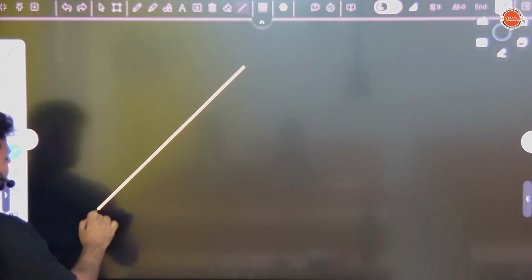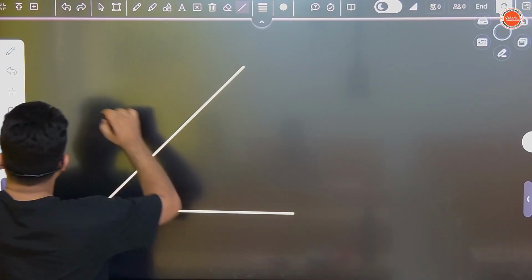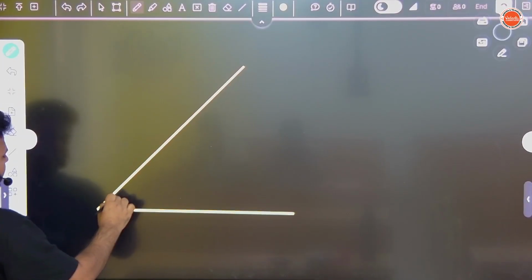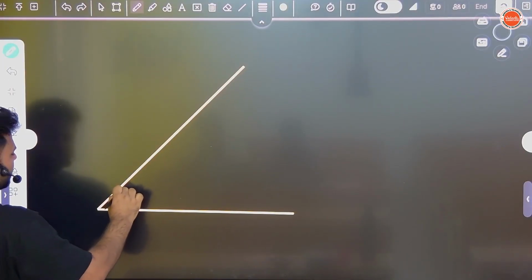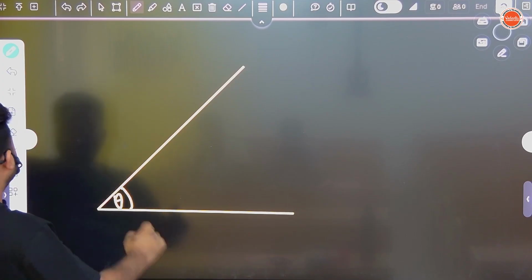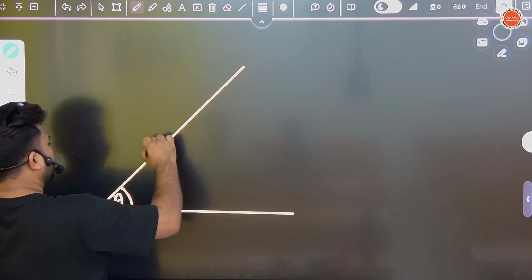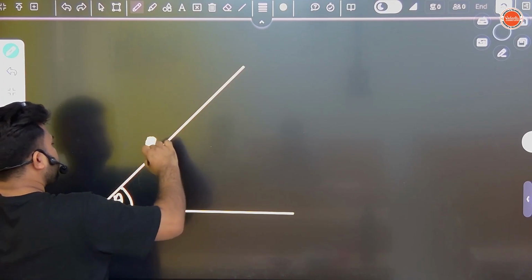Angle of repose you must have heard. Suppose this is an inclined plane. This angle is theta. And there is one block or one ball like this.